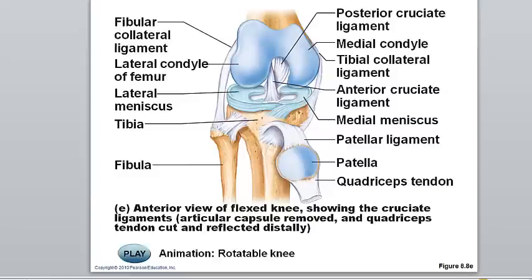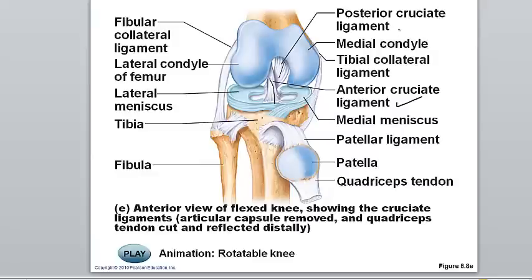Now let's look at the joint itself carefully. Those were all extracapsular ligaments. Capsular ligament, we already know what it is: it just encloses the entire cavity. Now let's look at the intracapsular ligaments within the capsule. Here you have your anterior cruciate ligament and your posterior cruciate ligament.